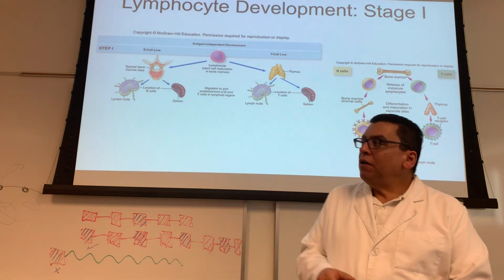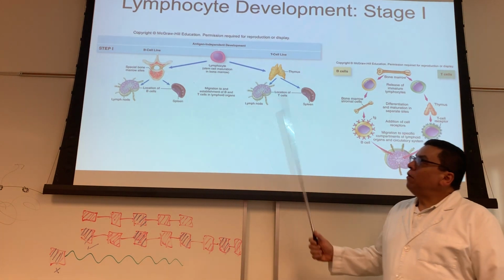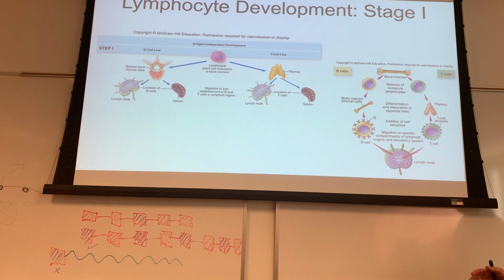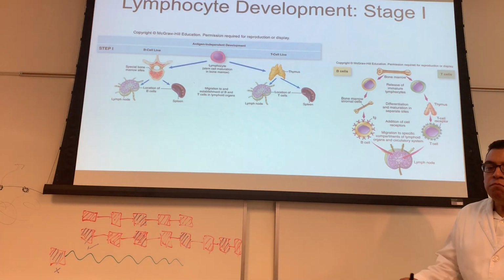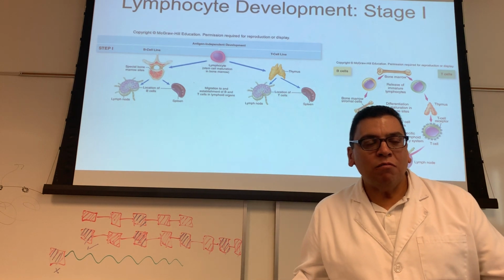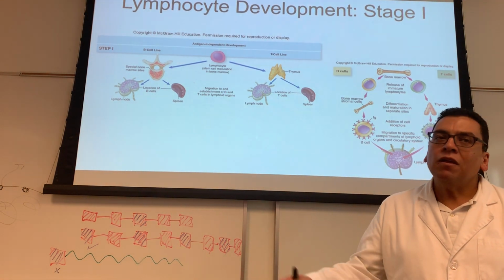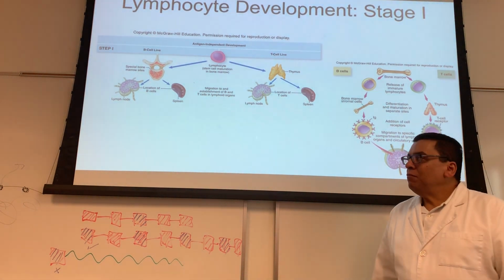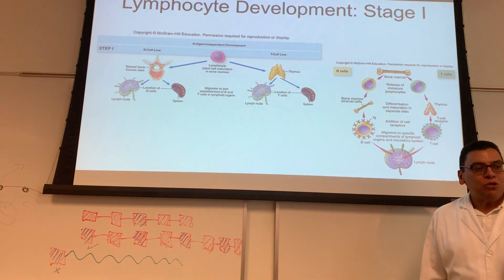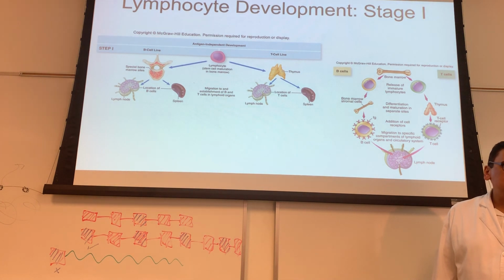Then they leave and go to the spleen and the lymph node. So in your spleen and lymph nodes, you will have both B cells and T cells, and they will both be mature, but they mature in different areas. The B cell matures in the bone marrow. The T cell matures in the thymus, which also starts with a T.